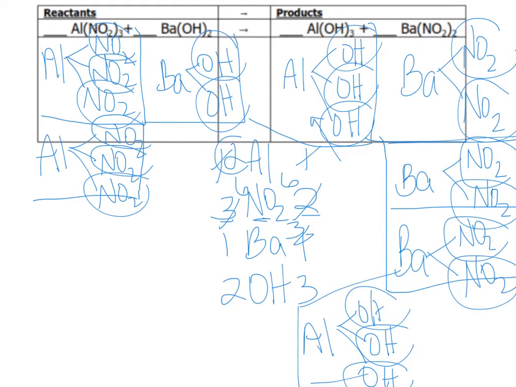So we'll update AL to 2, and my OH has 6 now. And so AL and NO2 are even, but now I've got to fix BA and OH. So I'm going to go here, and I only have the 1 BA, so I got to draw this 2 more times.